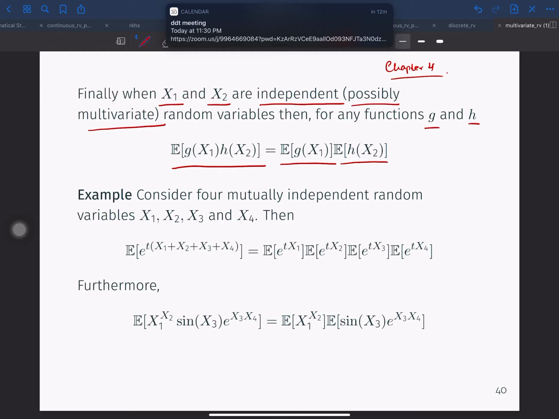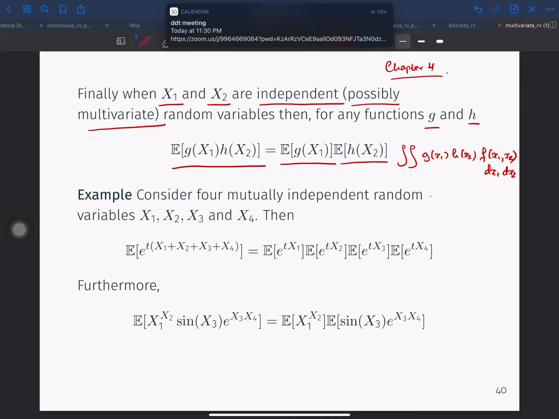All it really does is say that, because of the way you write the function, you can write it as the integration of g(x1) h(x2) times the joint PDF, for example, in the continuous case.